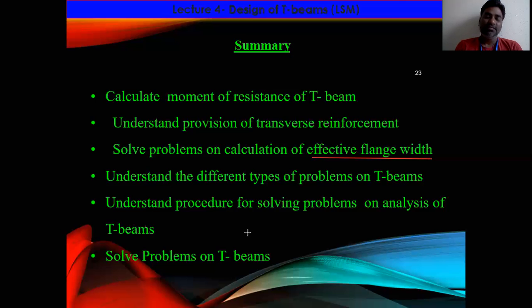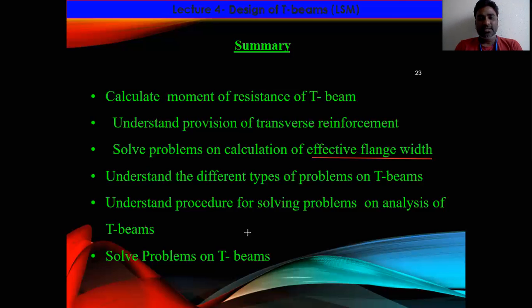If the xu is greater than Df, then our assumption is wrong. That means the depth of neutral axis is within the web, right? So in the first case, if our assumption is right, that means the depth of neutral axis is less than the Df, then again you determine the xu max based upon the grade of steel, right?